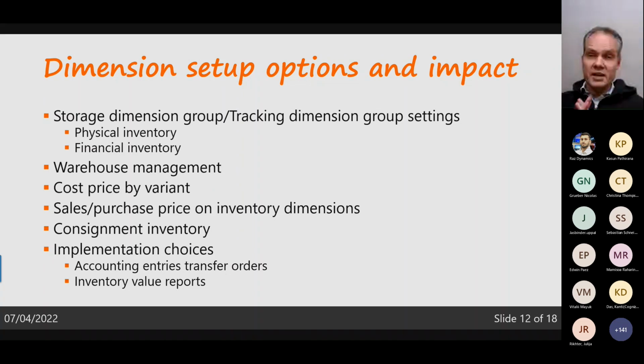The financial inventory has also an option. If you enable it, it could have a different financial inventory value per location if you have a FIFO or another actual costing model. So the question is, do you want to have a different financial cost price per location, yes or no?